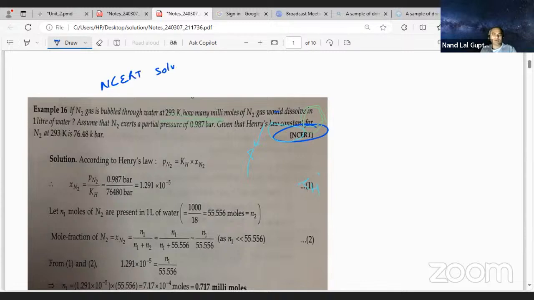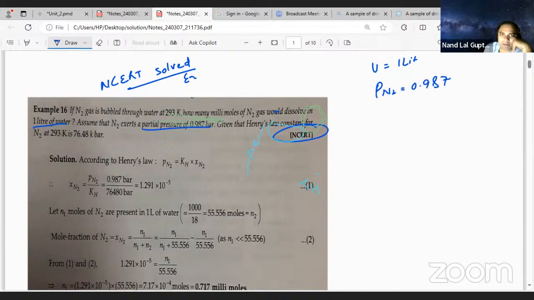You can see it in your solved examples. Here see what information they have given. The volume is 1 liter, V is equal to 1 liter. Second, they are saying the partial pressure of N2. PN2 is how much? 0.987 bar. Henry's constant is given as how much?